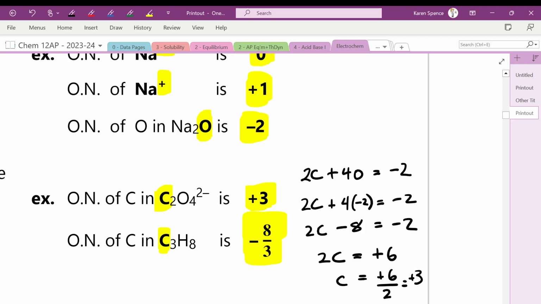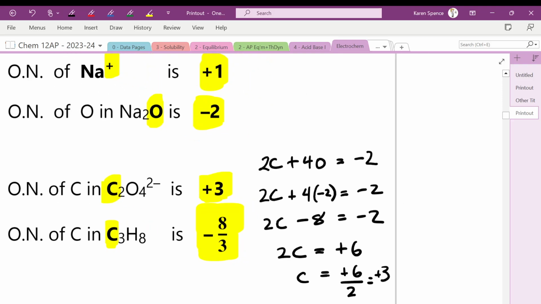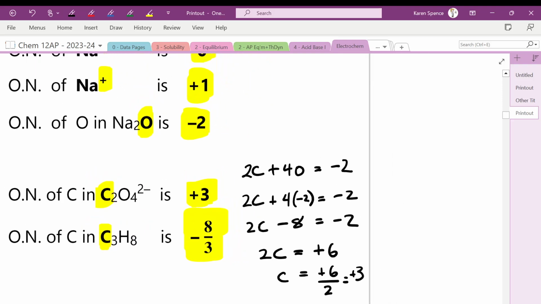And we're going to do a bunch of practice, but that's just a quick showing of how to do it. Because we had 2 carbons, we have 4 oxygens, and those 2 carbons and 4 oxygens together give us a charge of -2.